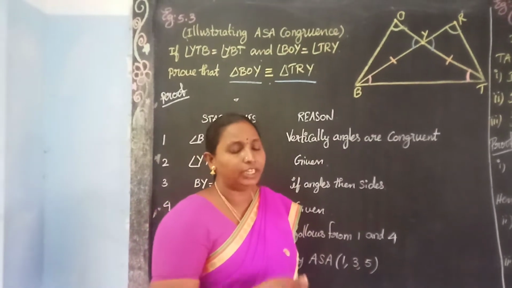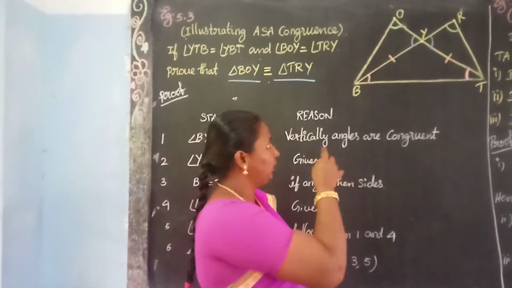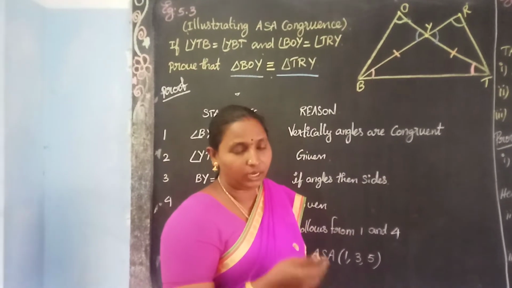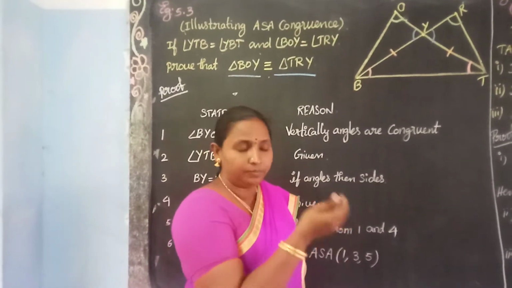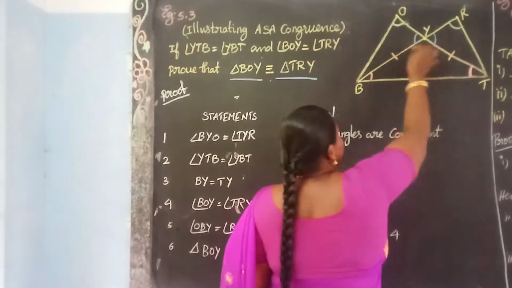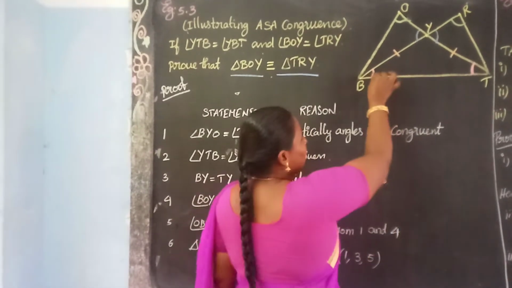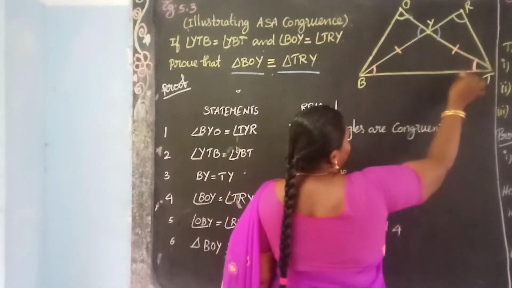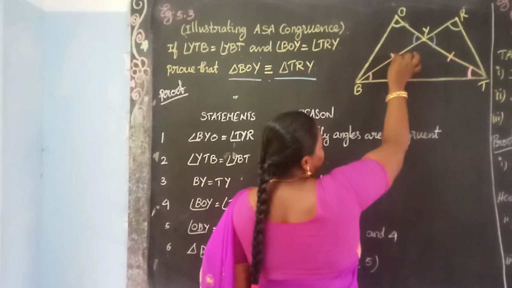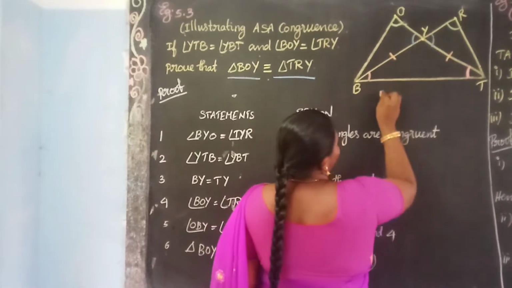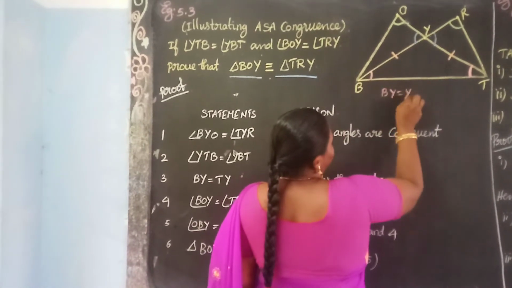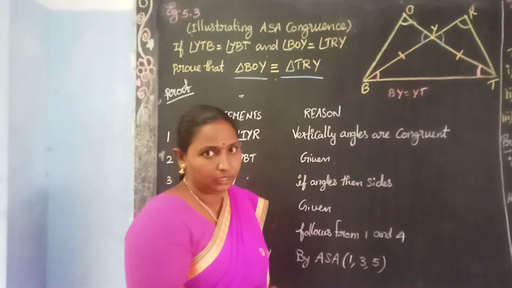What is the meaning of that? If two angles of a triangle are equal, then the sides opposite to those angles should be equal. For this angle, what is the opposite side? This one. Then you will get BY equal to YT. Both sides are equal.